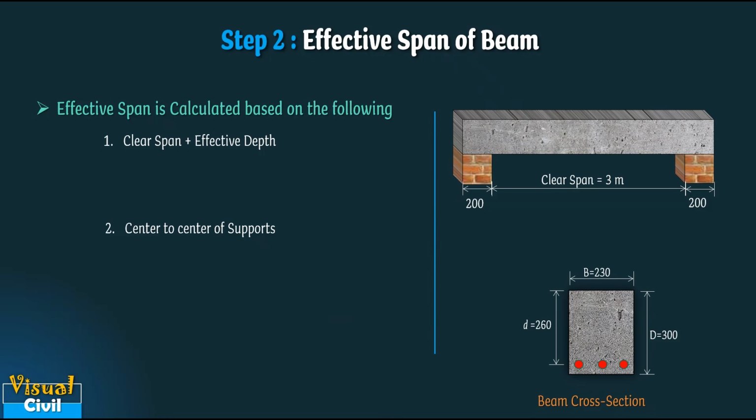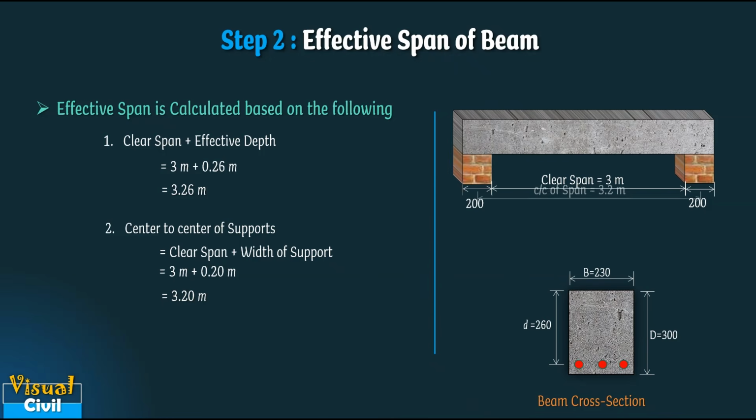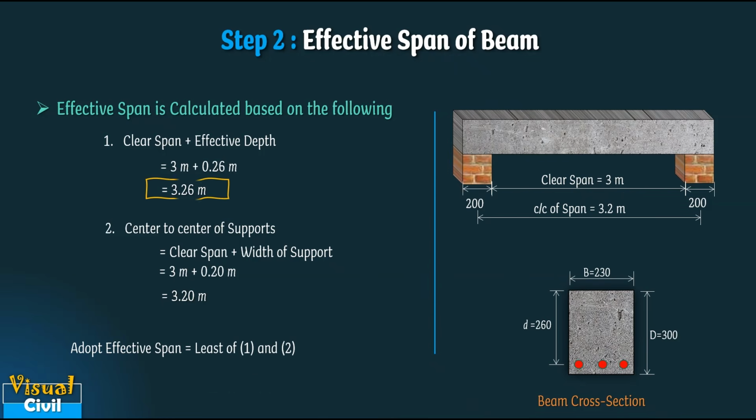Hence, clear span plus the effective depth of the beam comes to 3.26 meter, and second, center to center of support is 3.20 meter. Adopt effective span equal to the least value between first and second, which is 3.2 meter.